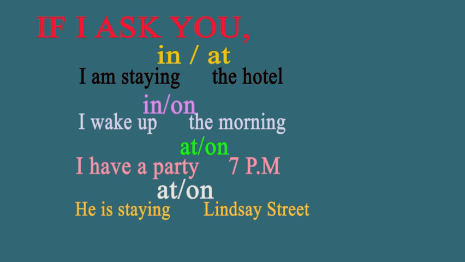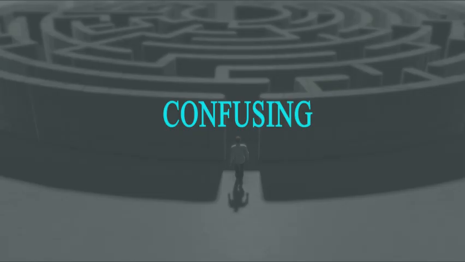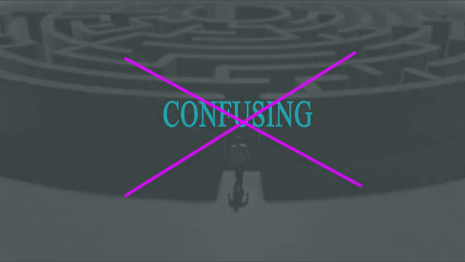So which one is correct? And how do we place this preposition correctly? It's totally confusing, isn't it? No, not really. It is so simple. It is totally based on some rules. If you know the rules, you will never make a mistake placing any preposition in your whole life. So, let's explore.